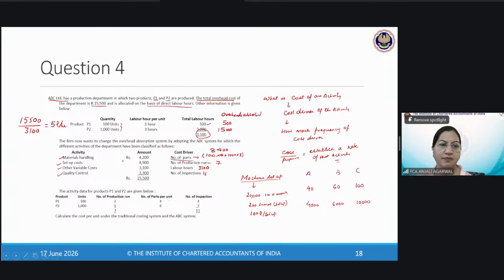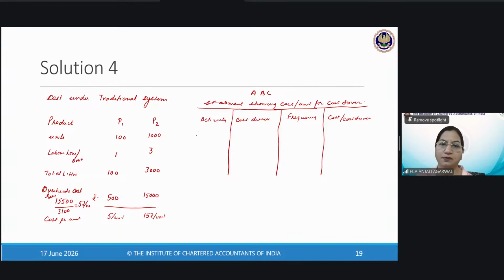Material handling, setup, other variable, and quality control. Number of parts.